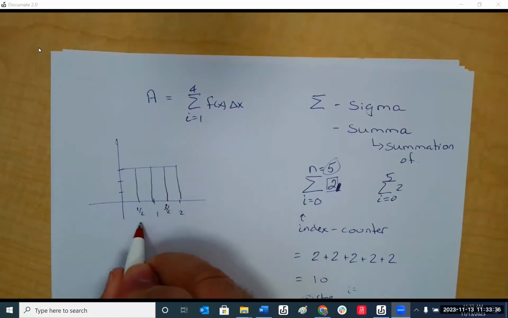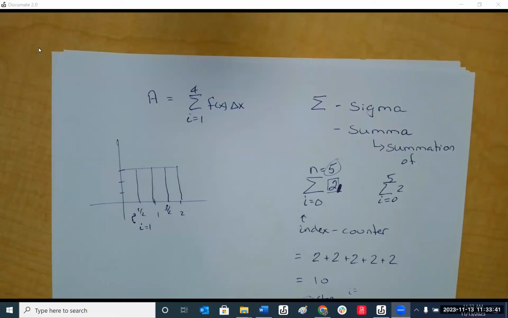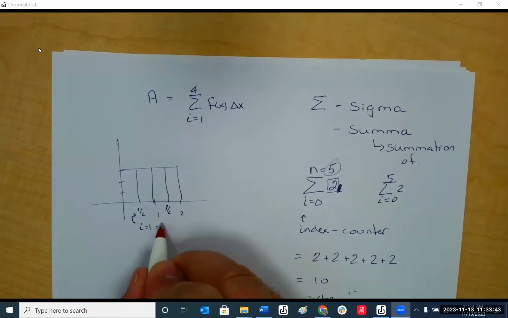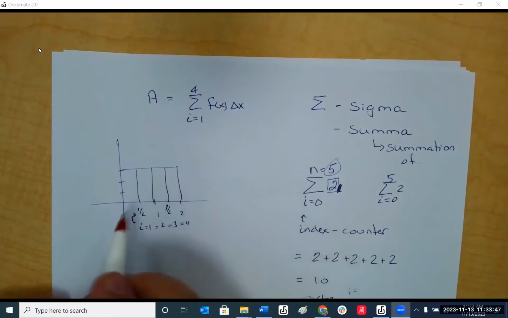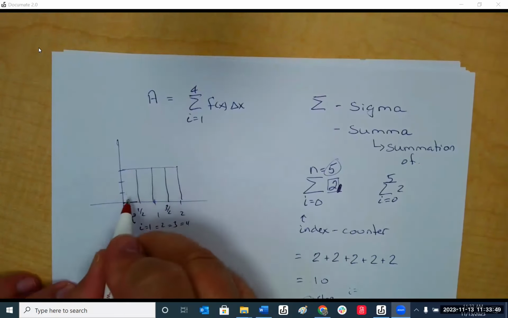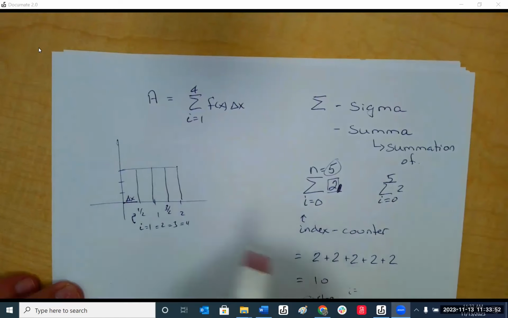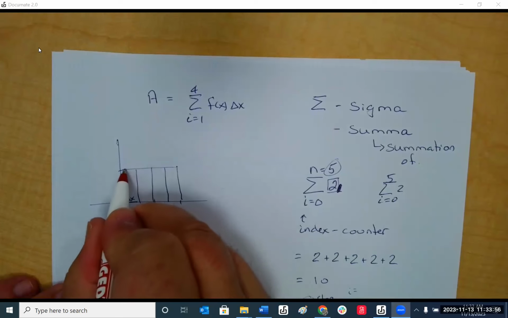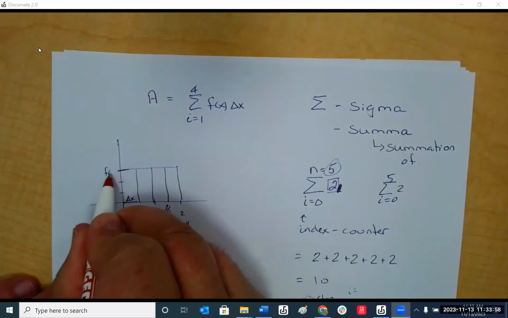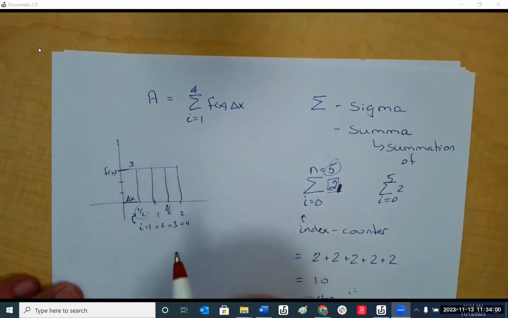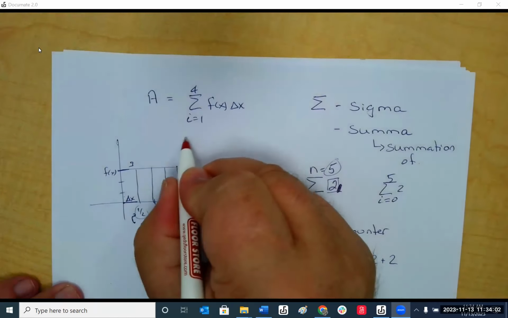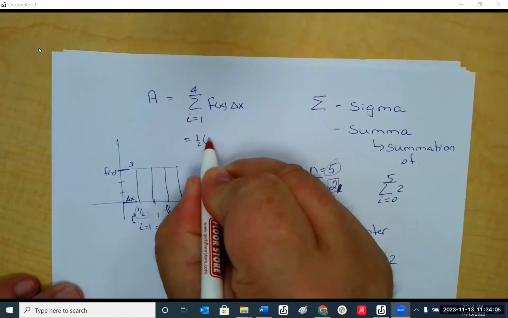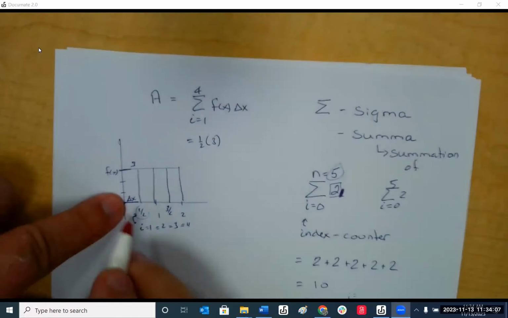So this is my index at 1, the first one. This is equal 2. This is equal 3. This is equal 4, my counter. So in the first one, what's my delta X? 1/2. And the f of X is 3. So for this one, it's 1/2 times 3. That's for the first index.